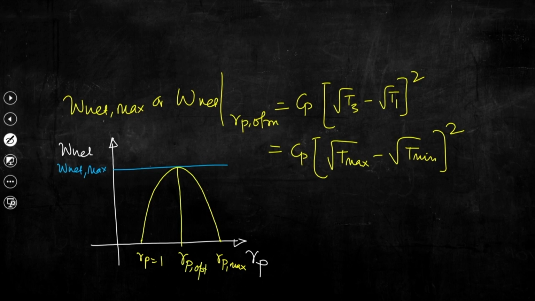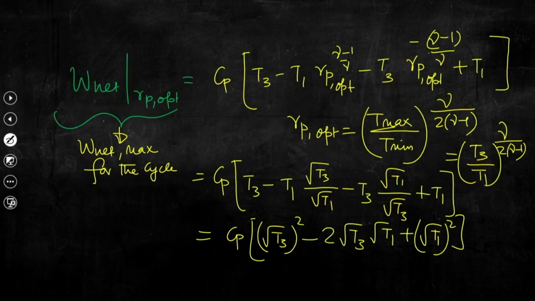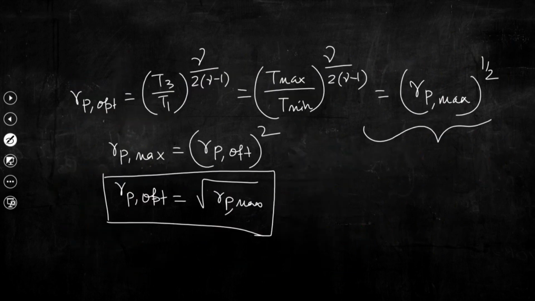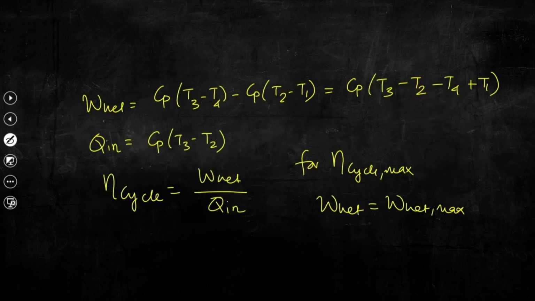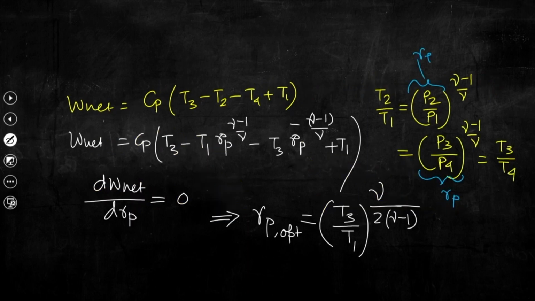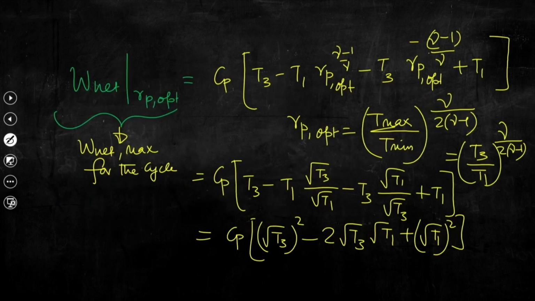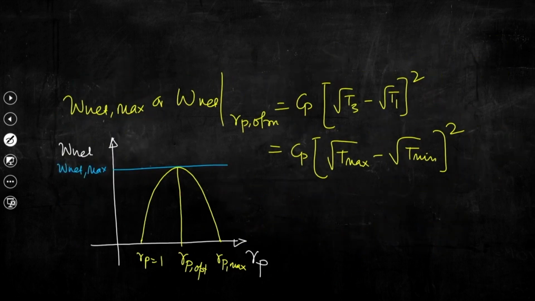What we can see is that when Rp is equal to optimum, we will be getting the maximum value of W net, right, because if we go back to the previous slide, when Rp is equal to Rp optimum, we will be getting maximum W net. So, efficiency will be maximum. So, this is the variation of W net versus Rp.